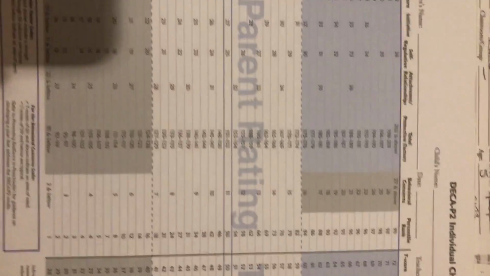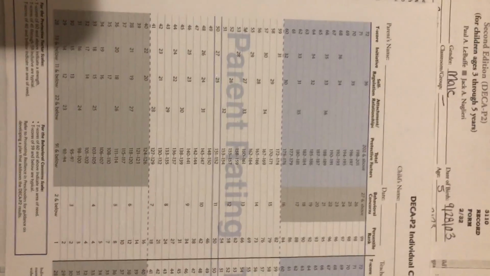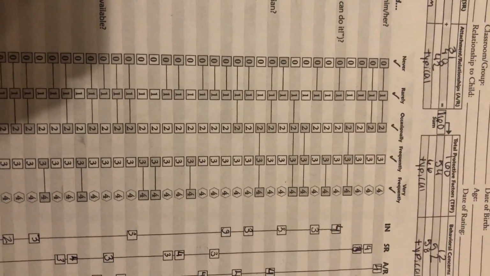My first positive was that this is a very easy ranking system. Everything is listed here, and it is very easy to transfer right over to here, as well as having this right in the kit so that you can calculate everything correctly. This also is a very easy 1, 2, 3, 4 scoring system.